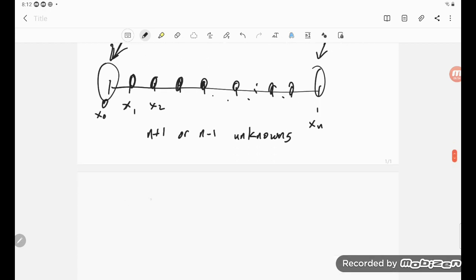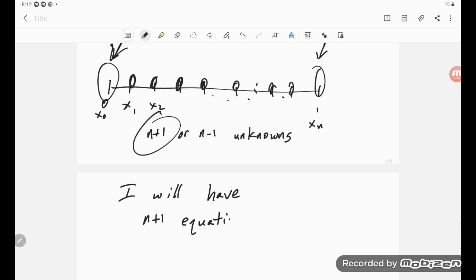So, the way I do it, I will have n plus 1 equations and n plus 1 unknowns. And they're linear.